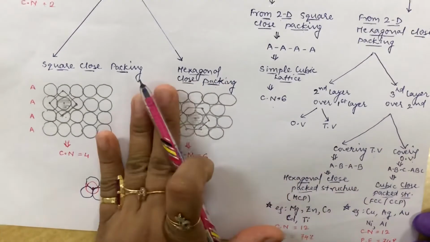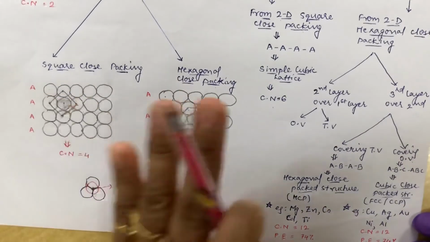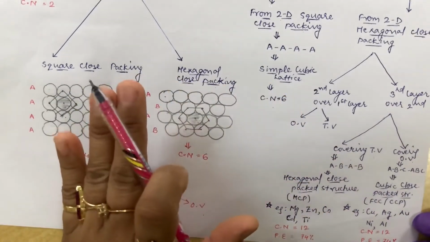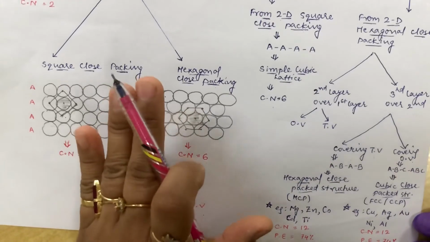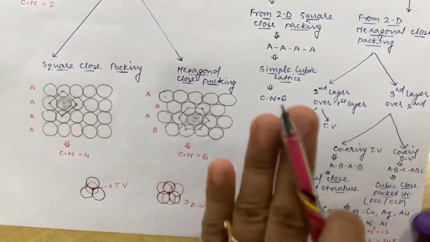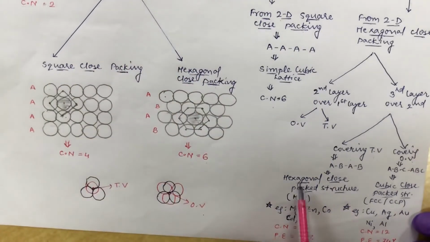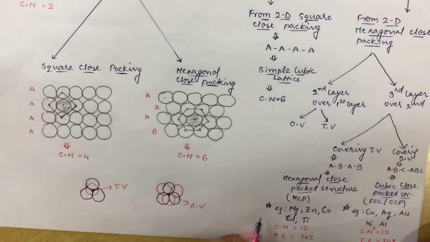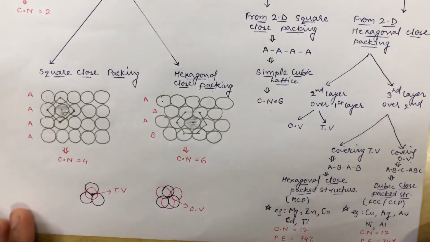Suppose this layer you consider as A, and over this you place another layer which is B, covering your tetrahedral void, then the third layer would resemble your A layer. This gives rise to the hexagonal close packed structure referred to as HCP. Various examples of it are magnesium, zinc, cobalt, cadmium, titanium, etc.